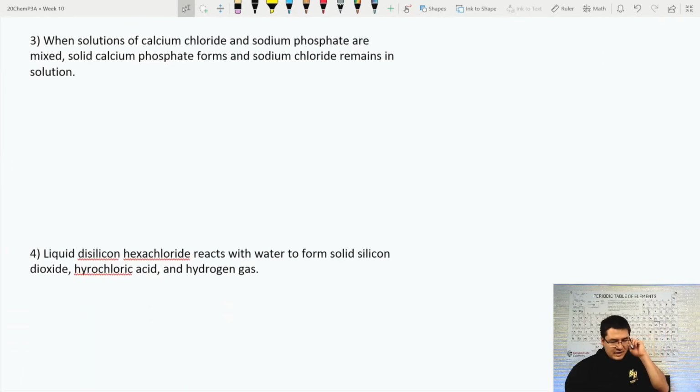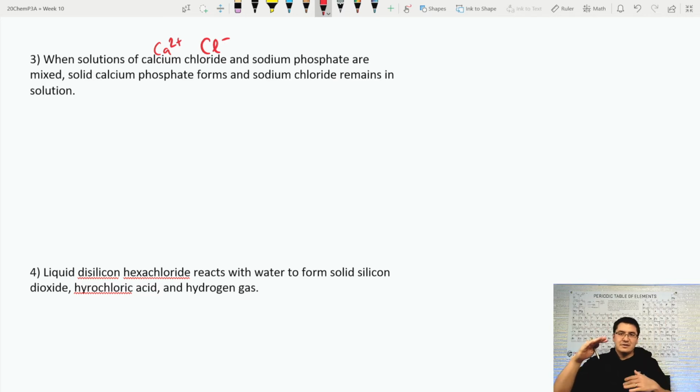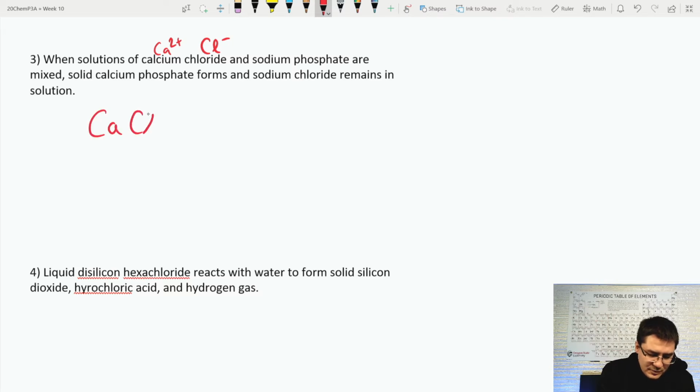When solutions of calcium chloride and sodium phosphate are mixed. So calcium chloride, Ca2 plus, Cl minus. If you guys don't know these, you have your ion sheet, so you just refer to that ion sheet. Okay. So calcium chloride would take 2 chlorines, and since it's in solution, AQ for aqueous, dissolved in water, plus sodium phosphate.